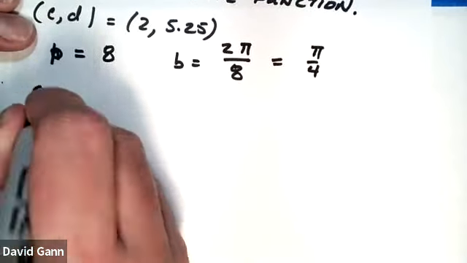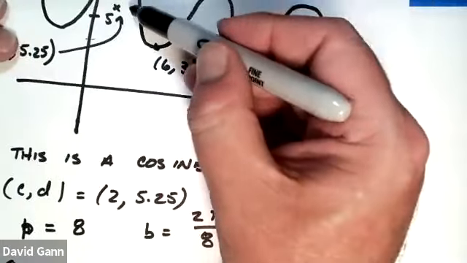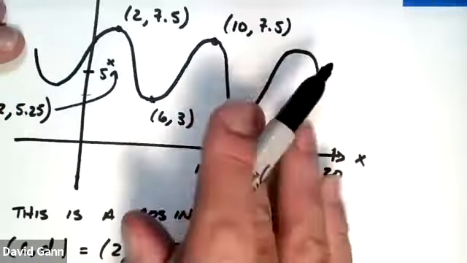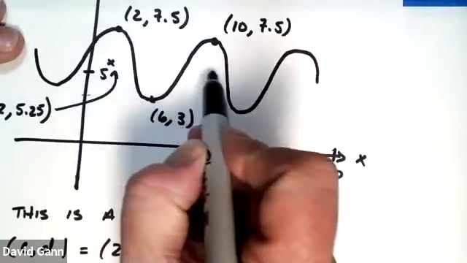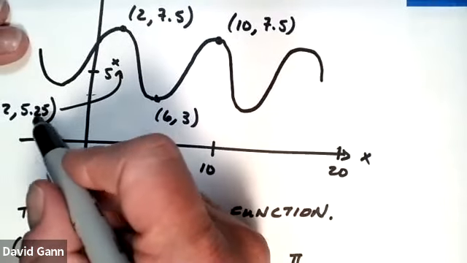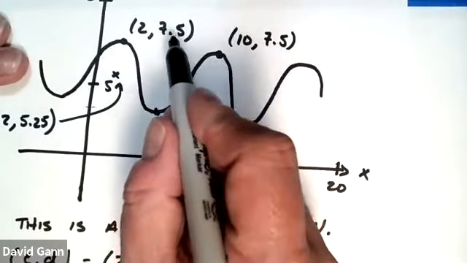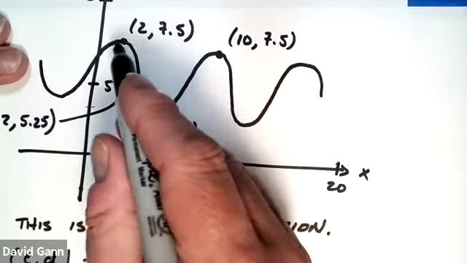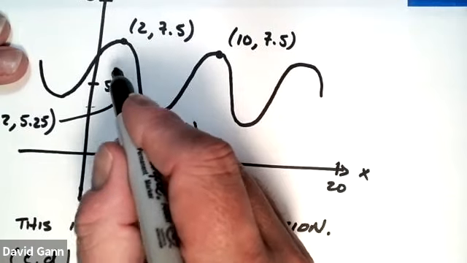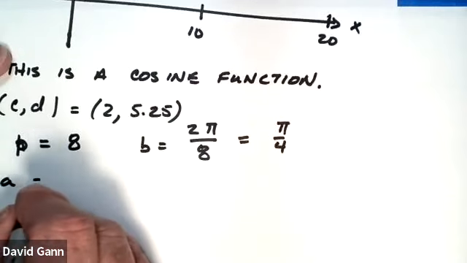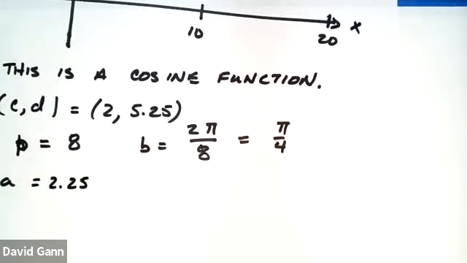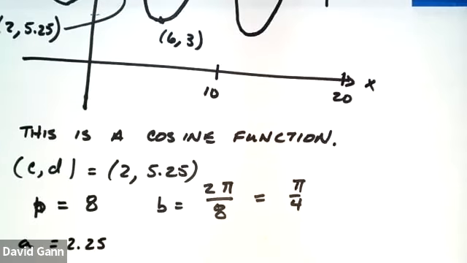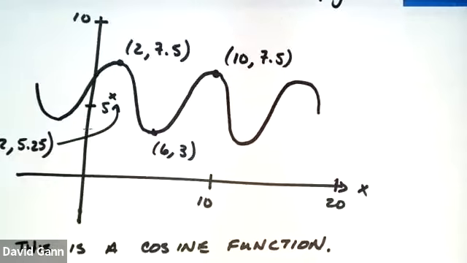And then finally, the A value, remember that's going to be the difference between the y value of the baseline, which happens to be this D value, and the maximum. So this looks like the distance is 2.25. So that's going to be our A value. If it had units, that's how things really should be.